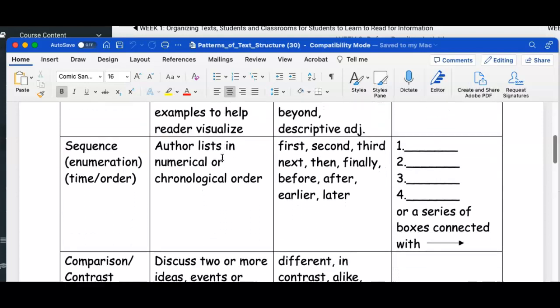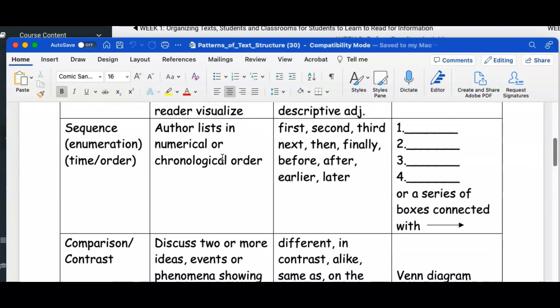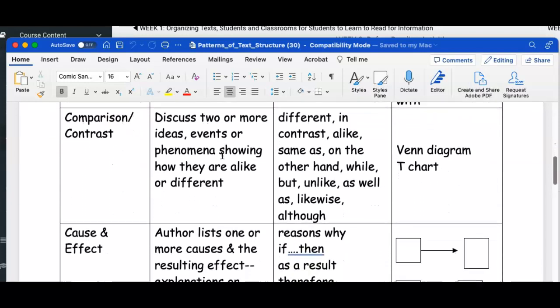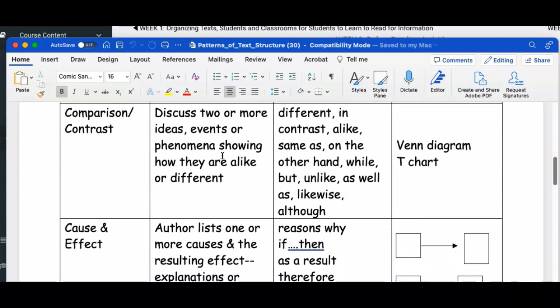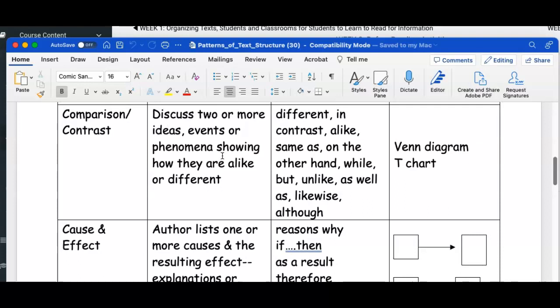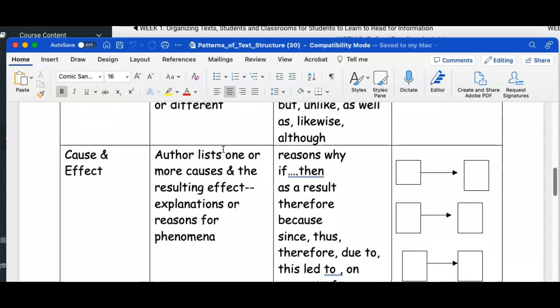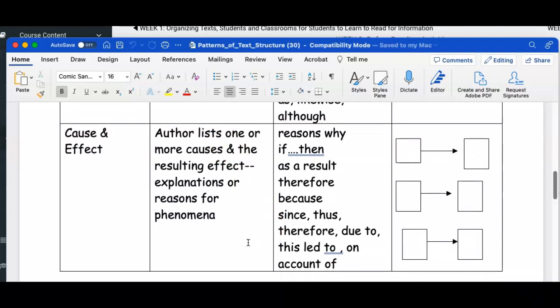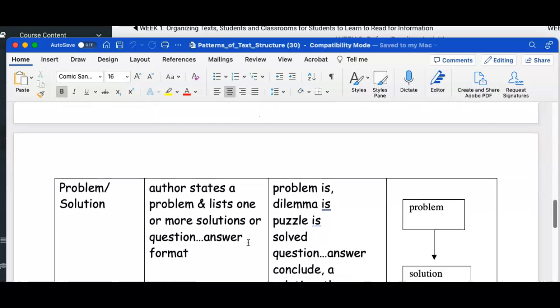Does the author list things in numerical or chronological order? Does the author discuss two or more ideas, events, or phenomena showing how they are alike or different? Does the author list one or more causes and the resulting effect, explanations, or reasons for phenomena?